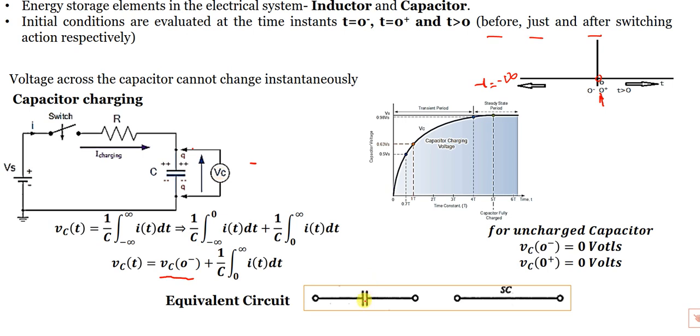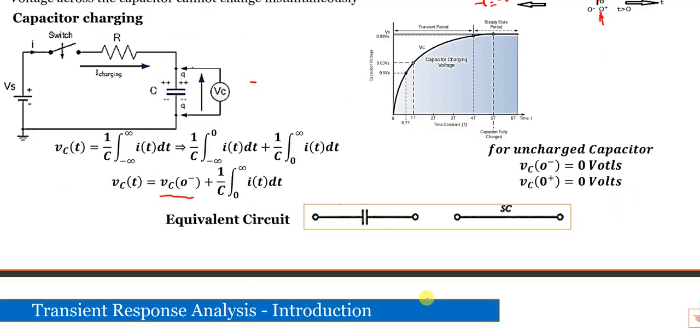Just after switching, the capacitor acts as a short circuit. You can consider your mobile battery as a capacitor, because that is also charging. Whenever you switch on, it should charge immediately, so that's why it should act as a short circuit.